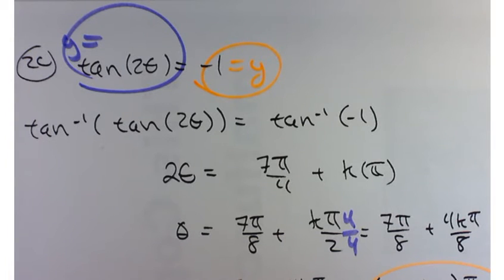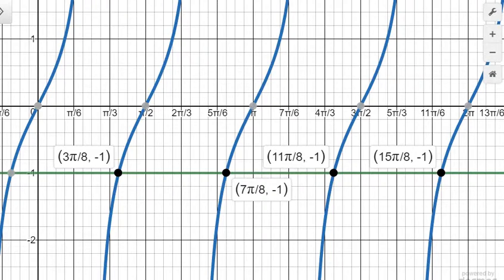So if I look at the graphs, then I expected 4 solutions right there. 1, 2, 3, 4. In fact, Desmos is pretty nice. If your answers end up on nice integer or fractional multiples of pi, then it'll tell you what the coordinates are. And you can see that the coordinates match what we got.